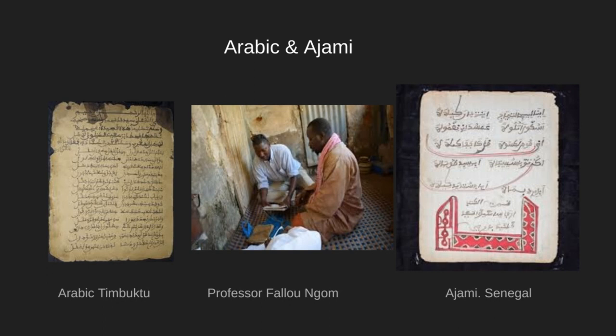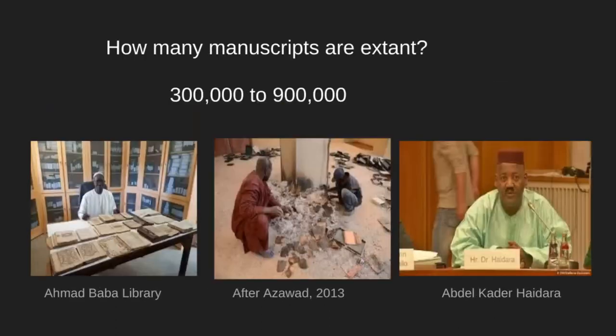But in fact, they're deeply literate. And so this is exciting research that Professor Ngom at Boston University is performing as he's documenting the vast extent of this Ajami literacy. And indeed, you'll find the same kind of literacy in Timbuktu as well. So it's not just an Arabic language literacy we're talking about. We're talking about African languages that have been alphabetized with an Arabic script.